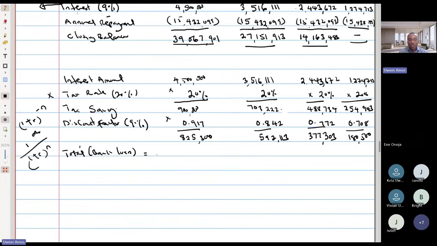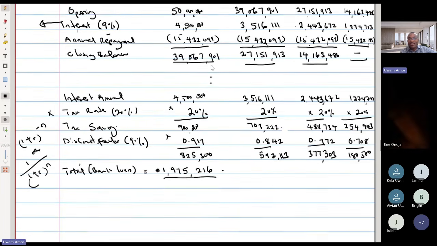That gives us a total of 1,975,216. Guys, any question on the tax savings on the bank loan? Please feel free to ask if you have any questions.